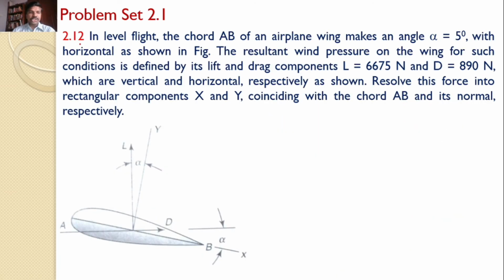Problem number 2.12. In level flight, the chord AB of an airplane wing makes an angle alpha equal to 5 degrees with the horizontal, as shown in the figure.